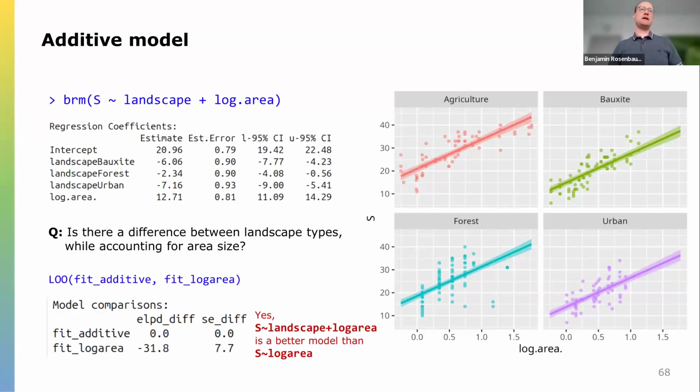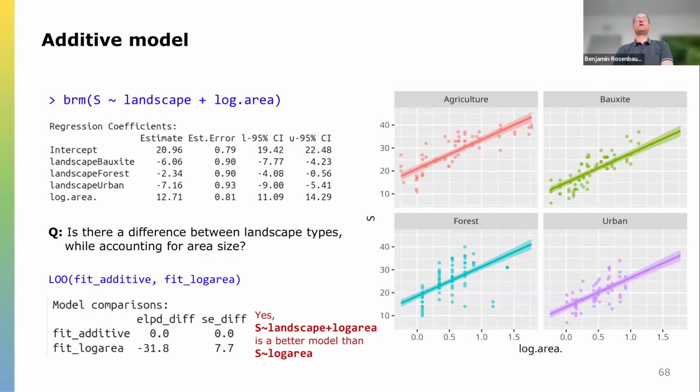The last line here, log area, is the slope, which is the same for all of these panels. However, for the intercept, we get this dummy coded, where intercept is just the intercept for the reference level agriculture, and the other ones are the differences in the intercept.